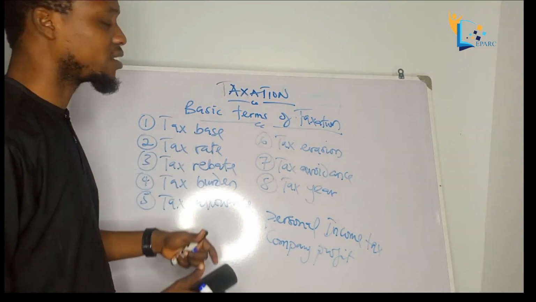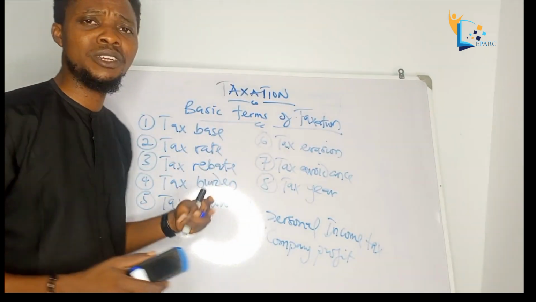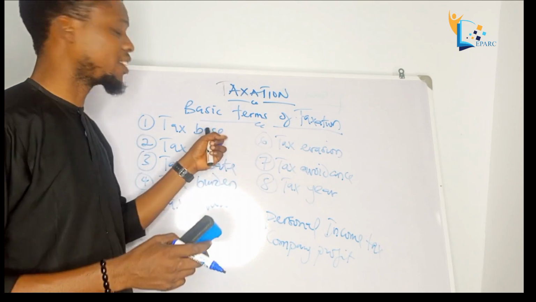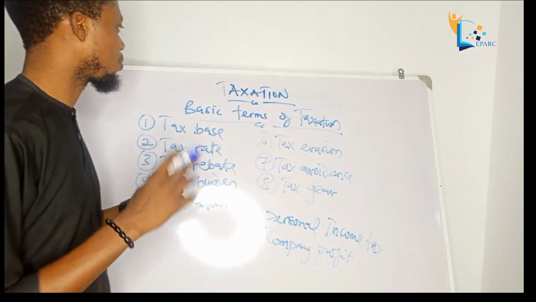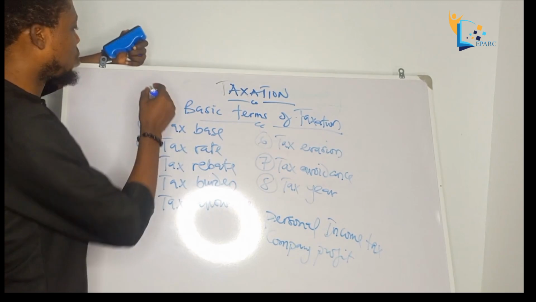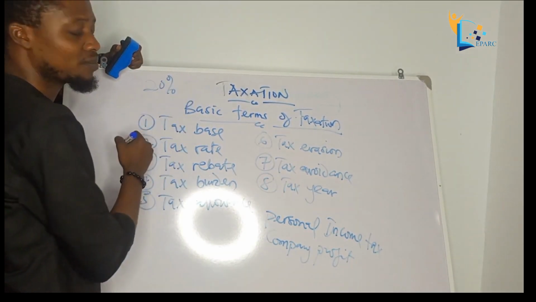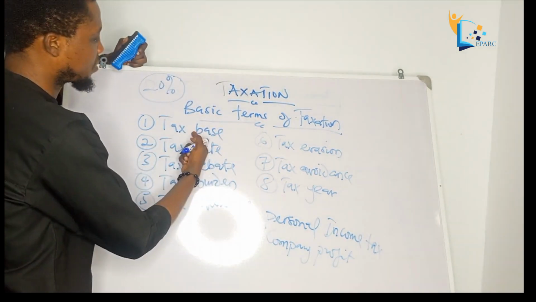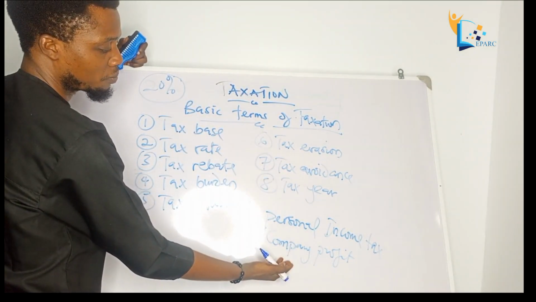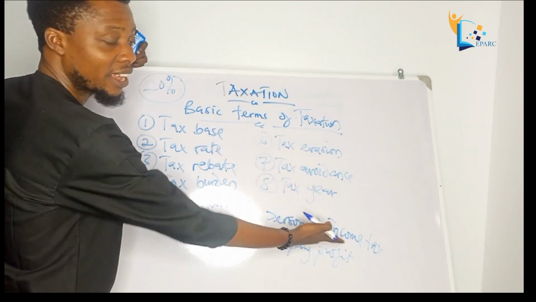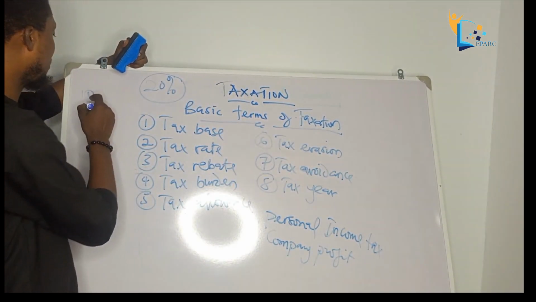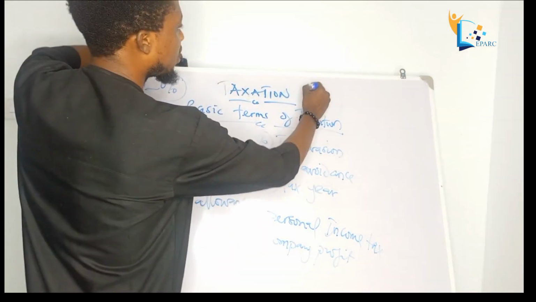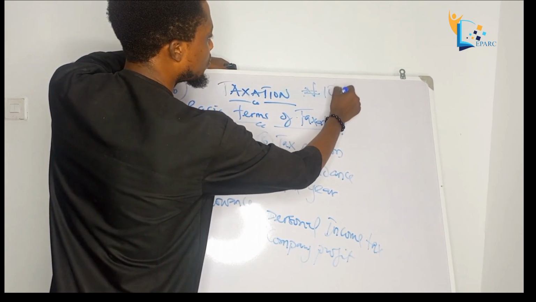All right, tax rate. When we talk about tax rate, we're talking about the proportion of the tax base. For instance, when we say 20% of tax, let's say our tax base is personal income tax, and we earn 10,000 naira as our personal income.